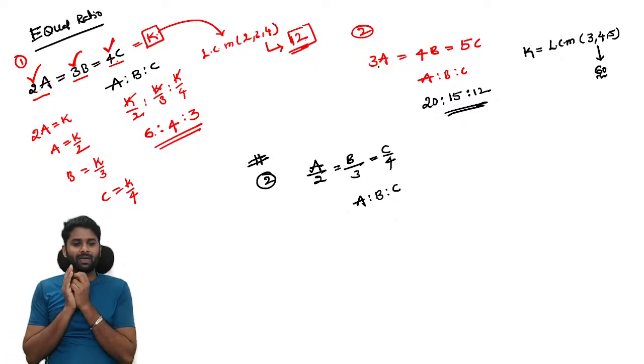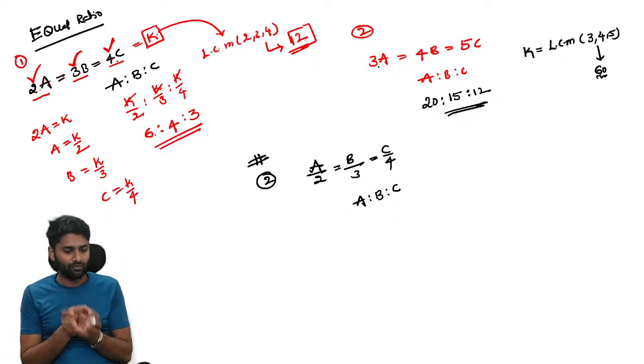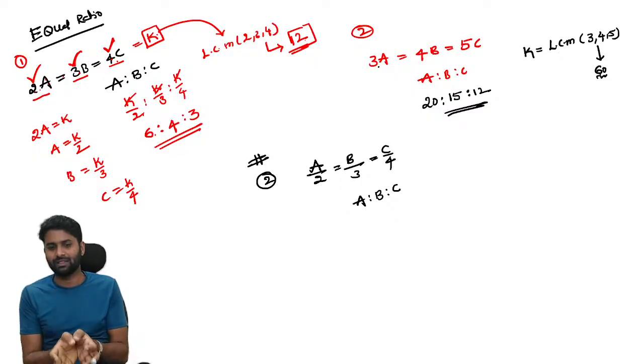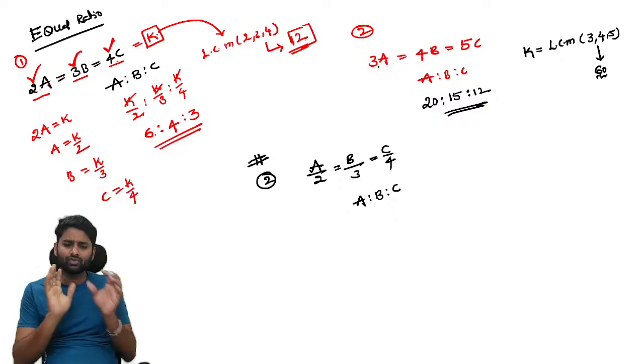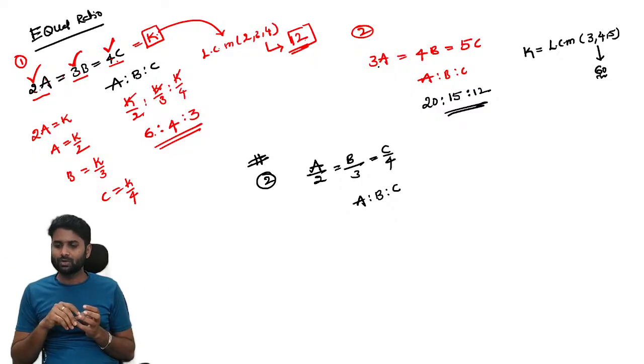Whatever A's value, if you take half of it, whatever B's value, if you take one third, whatever the value of C, if you consider one fourth, those values are the same. So according to the comparison, what is the ratio of ABC?